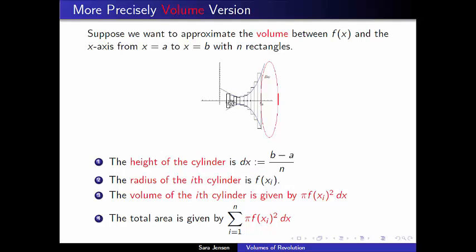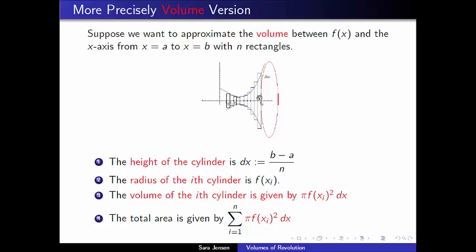What was formerly the height of the rectangle has now become the radius of that cylinder and is given by the value f of x sub i. Just like we had a formula for the area of a rectangle, we have a simple geometric formula for the volume of a cylinder, and that's given by pi times the radius squared multiplied by the height of the cylinder.